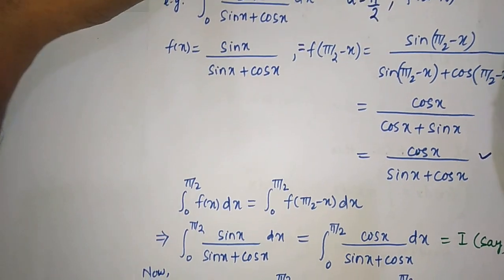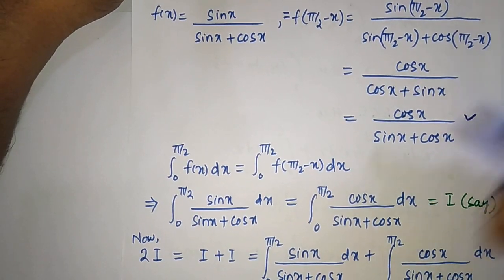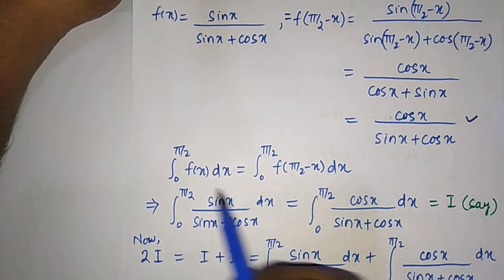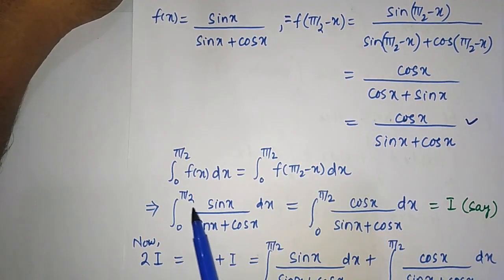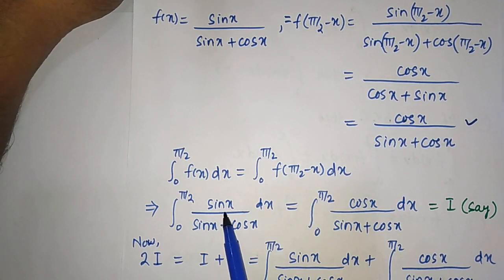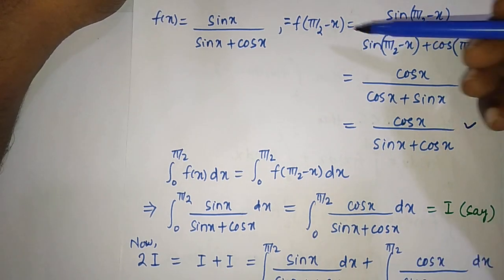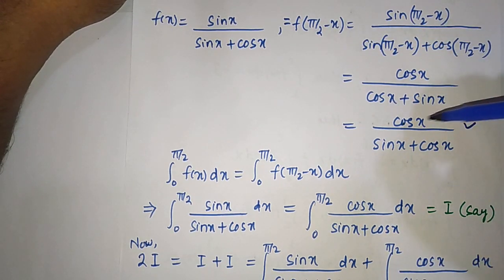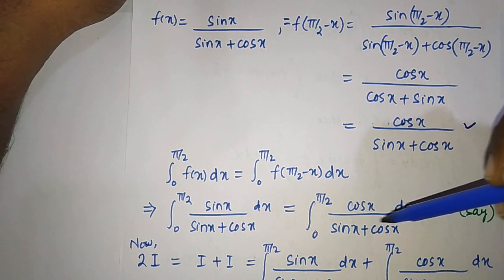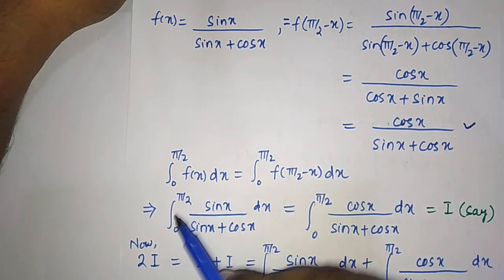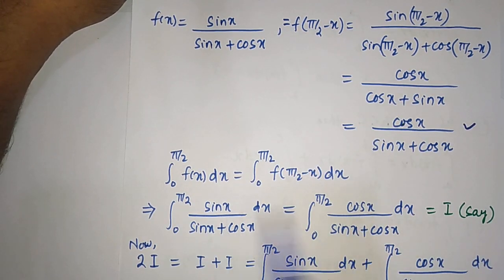Now apply this property. So write the value of f of x, that is sin x divided by sin x plus cos x, and f of pi by 2 minus x is cos x divided by sin x plus cos x. These two integrals are the same by the property.